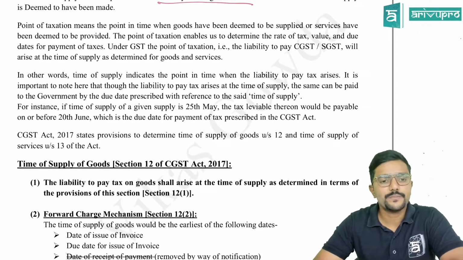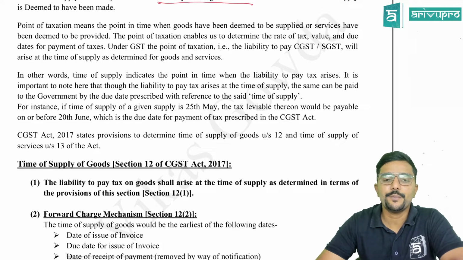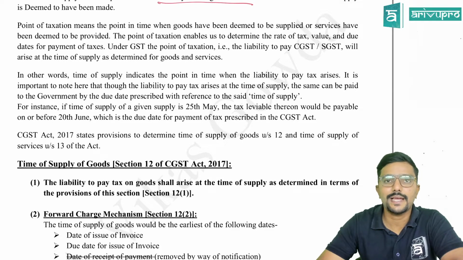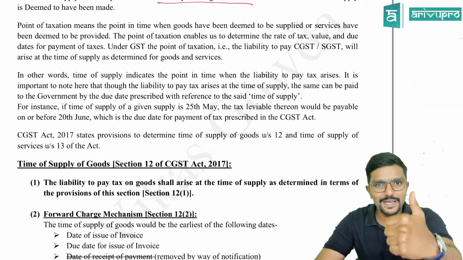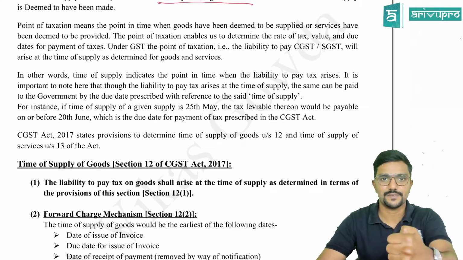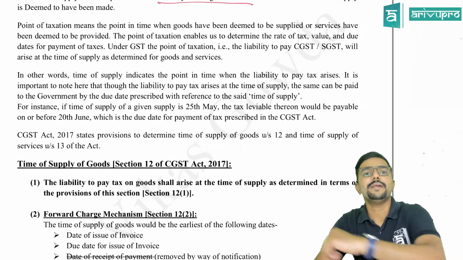In other words, time of supply indicates the point in time when the liability to pay tax arises. Though the liability to pay tax arises at the time of supply, it can be paid to the government by the due date prescribed with reference to the said time of supply. Means time of supply is the date on which liability arises, but the payment can be made within the due date.